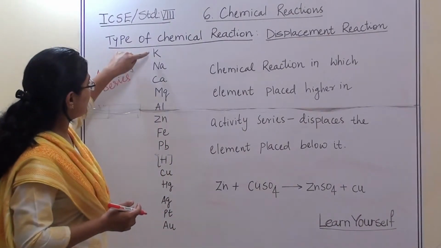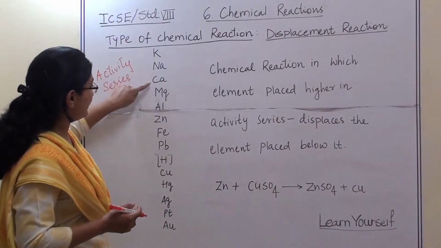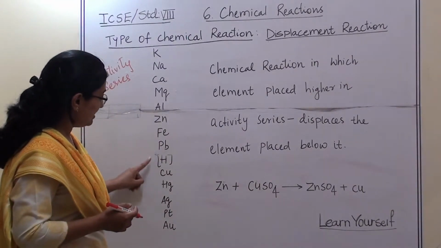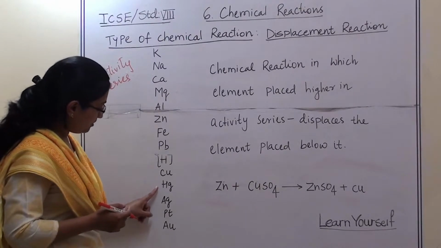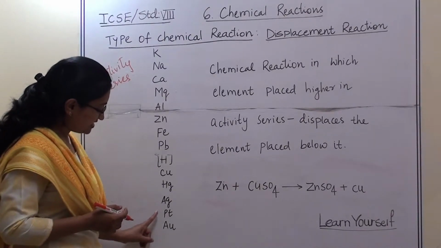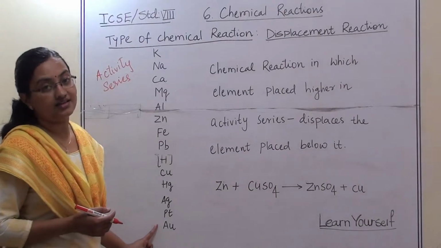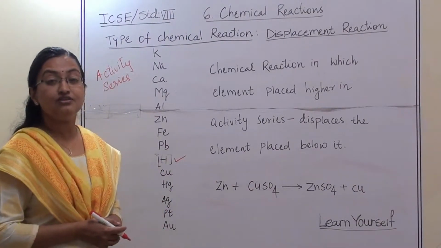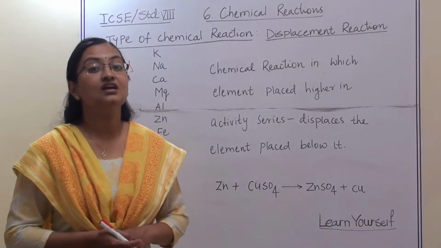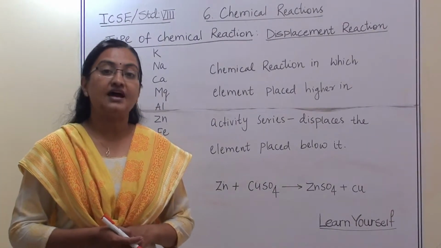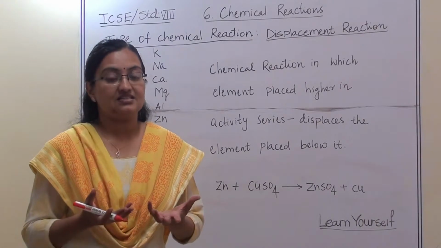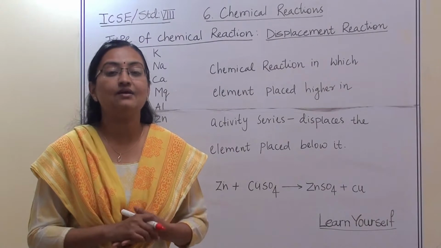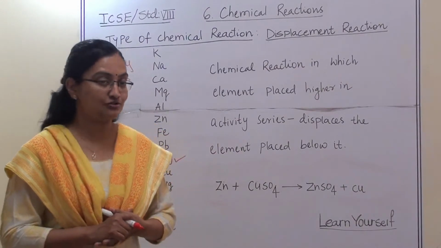So if you can see here, potassium, sodium, calcium, magnesium, aluminium, zinc, iron, lead, hydrogen, copper, mercury, silver, platinum and gold are there. Hydrogen is also there, even though hydrogen is a gas, because hydrogen acts as a proton donor. So scientists have given a place to hydrogen also.